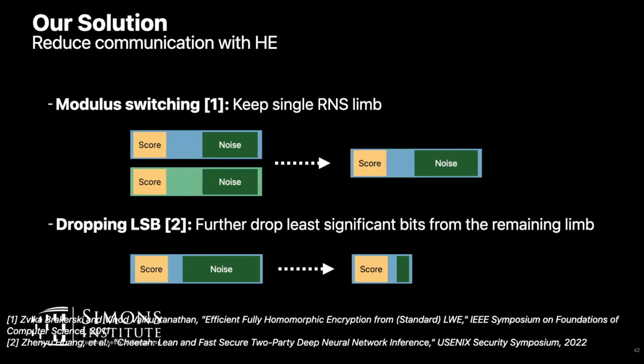So to reduce the response size, we can use a standard modulus switching technique, but we can also just remove the second limb, because we don't need it when we're communicating back down to the device. We can also drop the least significant bits, because they contain the noise and all of the score is in the higher order bits. At the end of all of this, we achieved a 10x reduction in the server response size. Again, super significant when we're talking at scale.